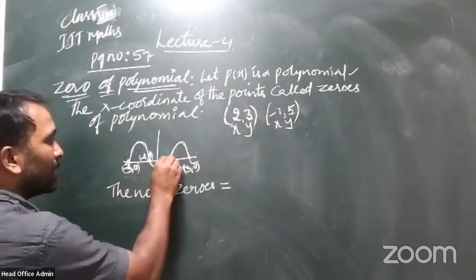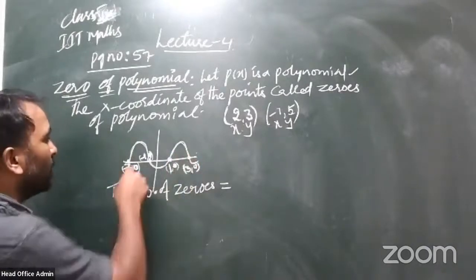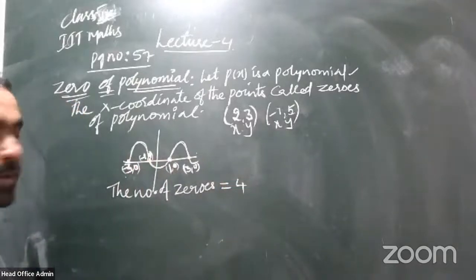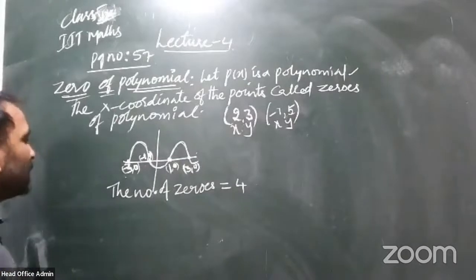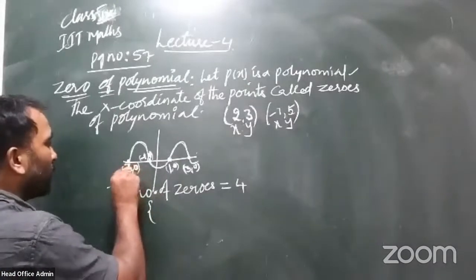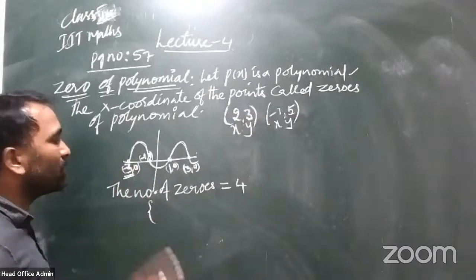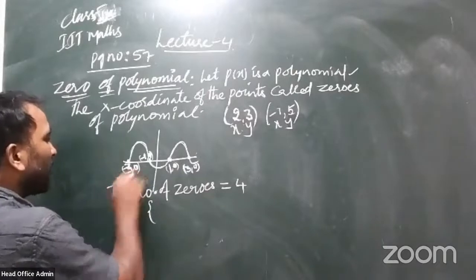Means how many zeros are existing? 4 zeros are existing for the given graph. What the zeros are, we can write; here we have to take only the x coordinates. When we show the zeros, we write only the x coordinates. Here the x coordinate is -3.